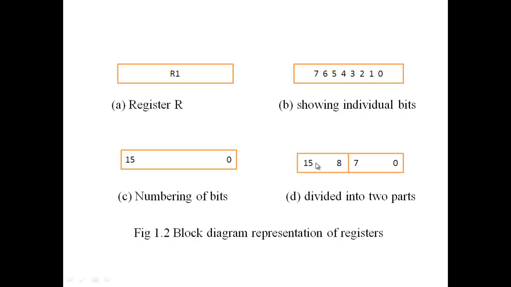And PCH, program counter H, stands for higher order bits 8 to 15, the other 8 bits. In general, it is a 16-bit register divided into two parts, each containing 8 bits. The first 8 bits, 0 to 7, are called lower order bits and 8 to 15 are called higher order bits.